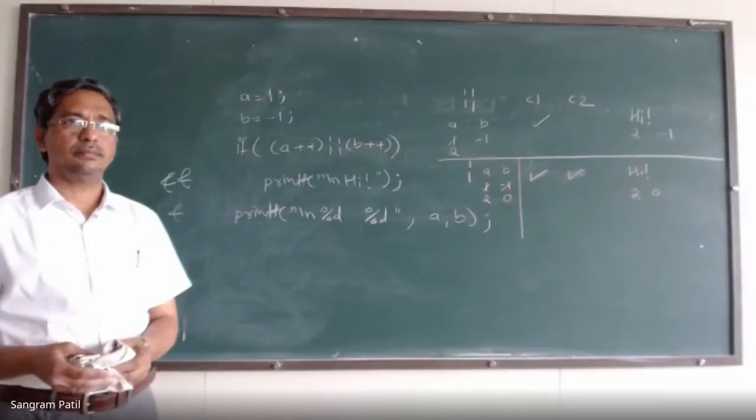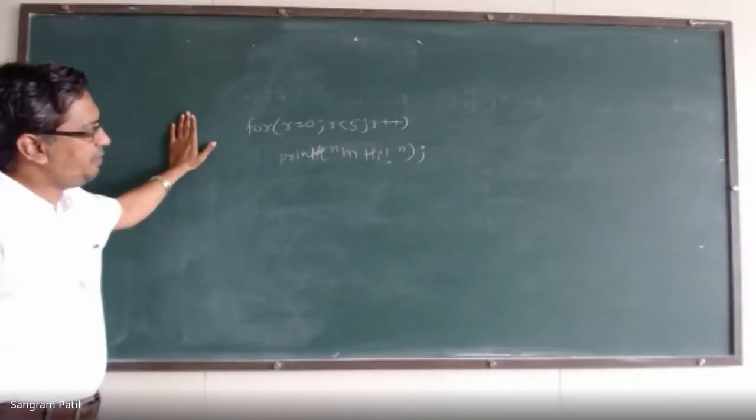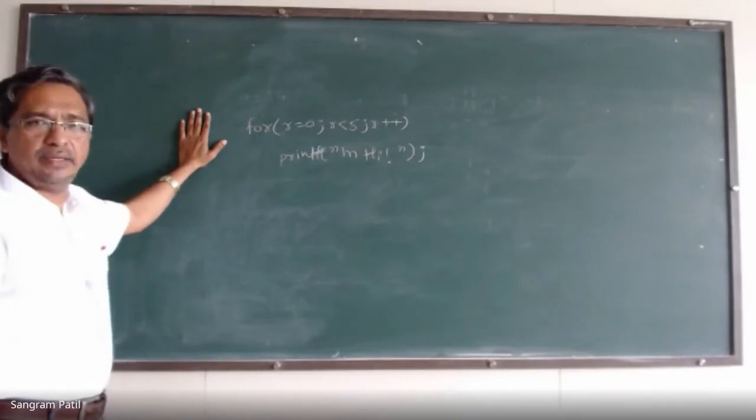Clear? R equal to 0, R is less than 5, R plus plus, printf backslash n high.